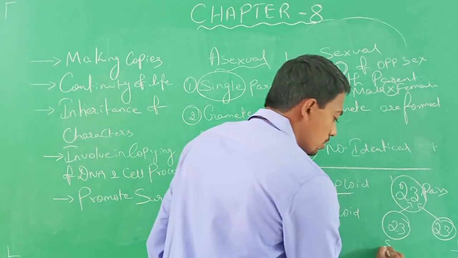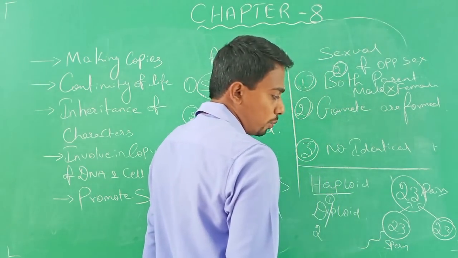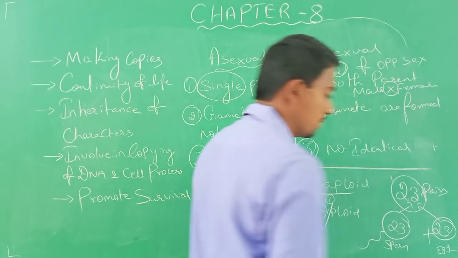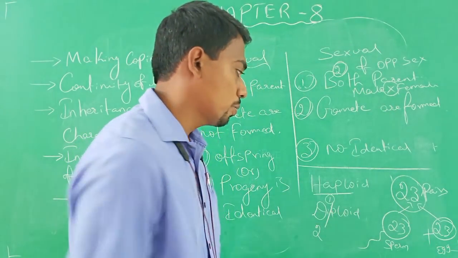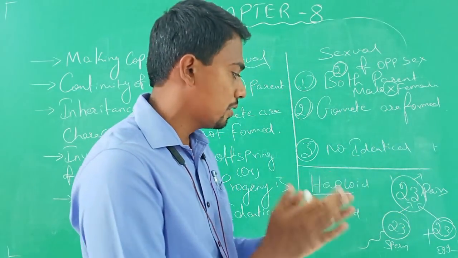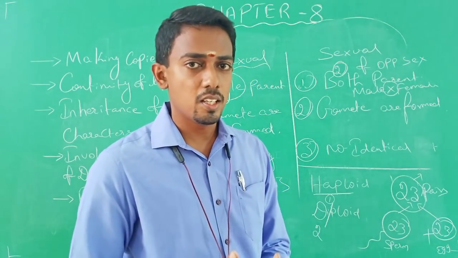Now you see this is the sperm that has 23 chromosomes and this is the egg that has what? 23 chromosomes. So this is the first cell, that is a combination of the sperm and the egg. That process is called fertilization.